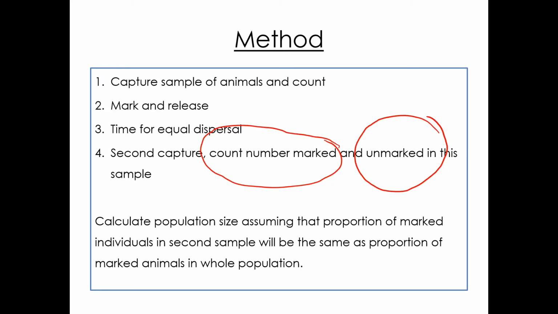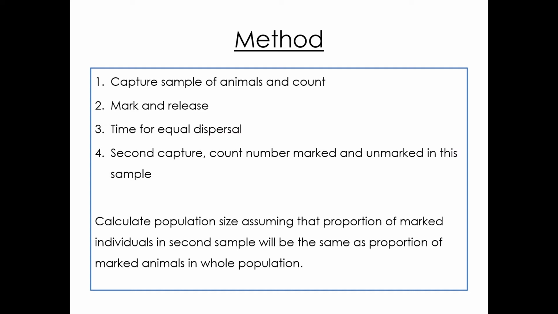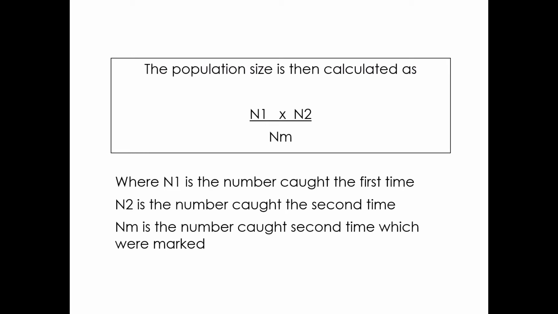Okay, and the final mark point, which people always forget to write, is the how. So how do we use those numbers to come up with an estimate? You need to learn this formula. The population size, and remember this is an estimate of population size because we're not counting all the animals, we're just taking 2 samples, is calculated in the following way.